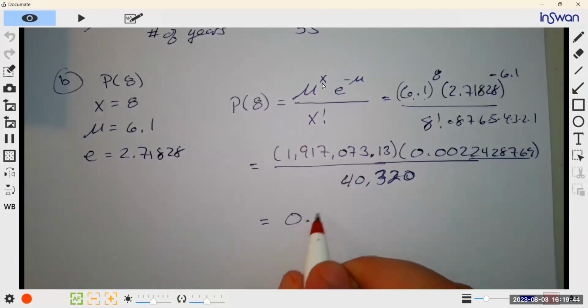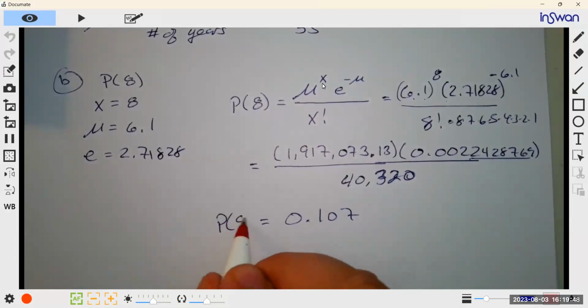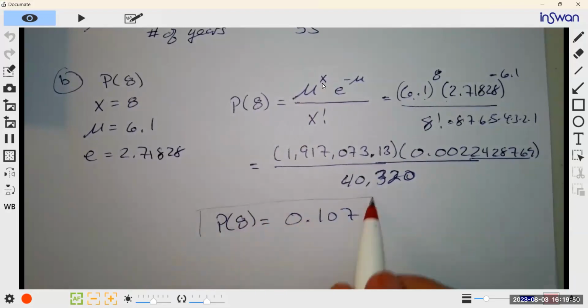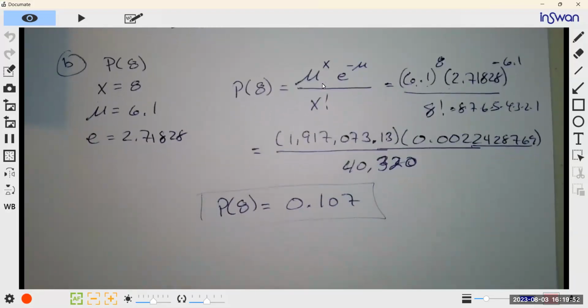That equals the probability of 8 hurricanes in 1 year.